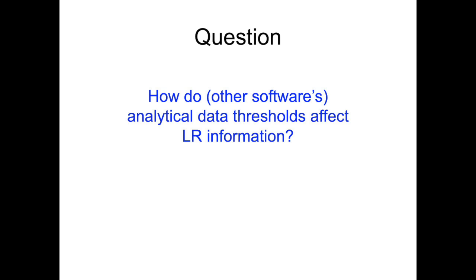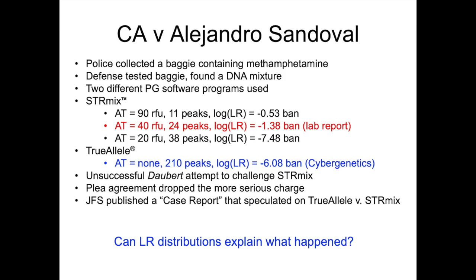Okay, so California versus Alejandro Sandoval. The police collected a baggie that contained methamphetamine. The defense had the baggie tested. They sent it to a private laboratory. They found a DNA mixture. They first ran it through StarMix at 40 RFU, which saw 24 peaks.